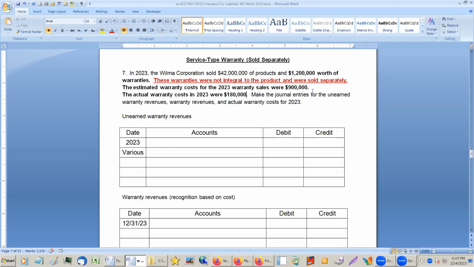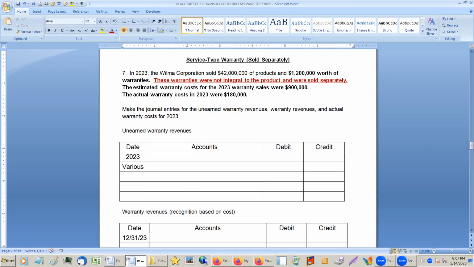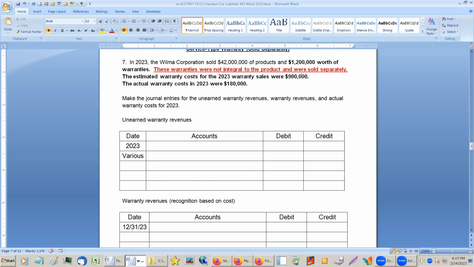Okay, so here's what we're going to do. We're going to break out those warranties. The product sales would just be sales revenue, whatever. Now these warranties, though, we're going to break them out separately, since they were sold separately.